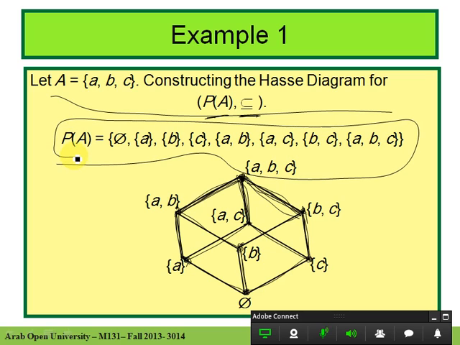Based on the power set, you draw the graph such that there is no reflexive, there is no repetition, there is no symmetric, and there is no transitive edges. You just connect the vertices.